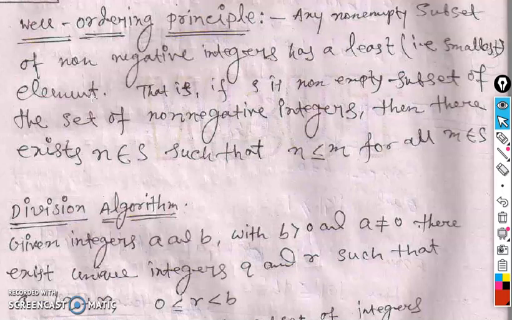That is, if S is a non-empty subset of the set of non-negative integers, then there must exist an element n belonging to S such that n is less than or equal to m, that is, the selected element n is less than or equal to any element of the set.